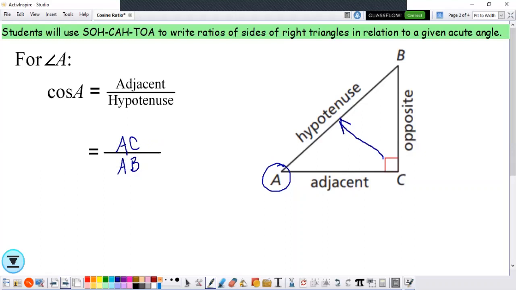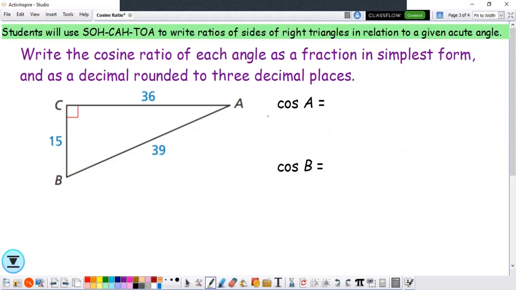Now let's practice this. So for cosine of angle A, again, let's circle the angle, and let's identify the hypotenuse across from the right angle. You may have also noticed that the hypotenuse is always the longest side of any right triangle.